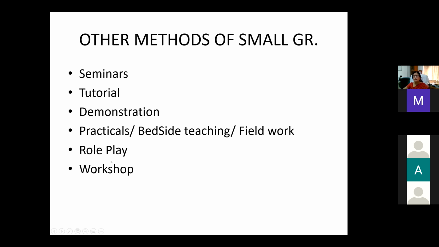So role plays are also picking up a lot, and we can choose topics for role plays. If you ask the students to participate, they do it very beautifully. And workshop is another method.